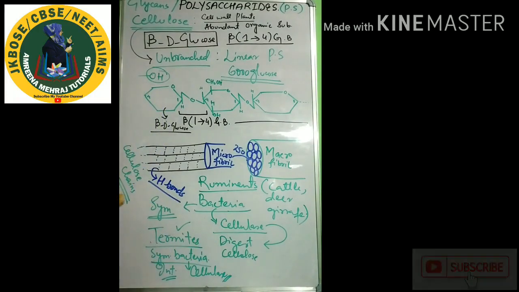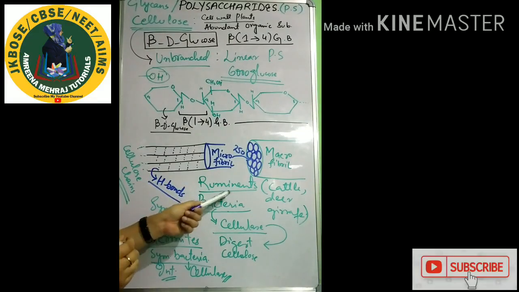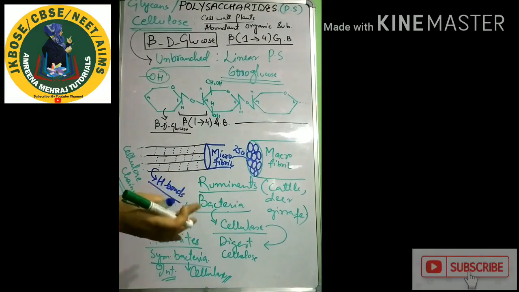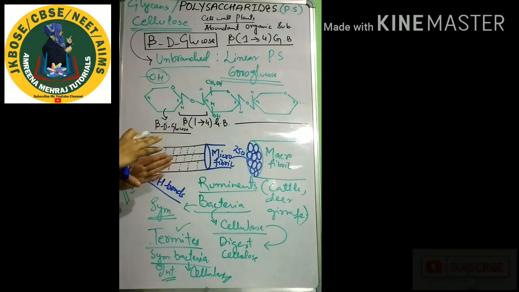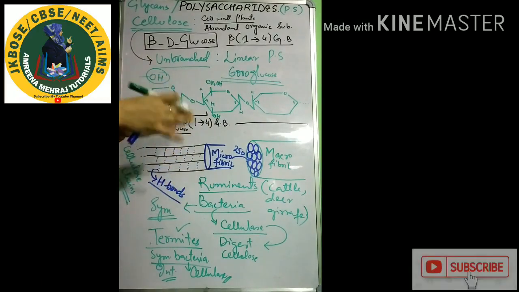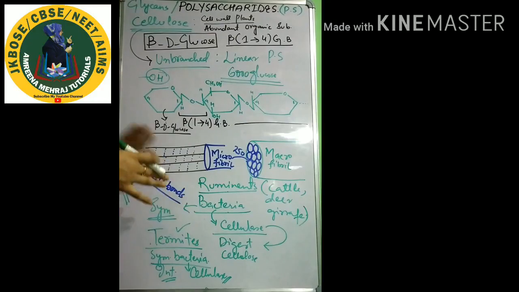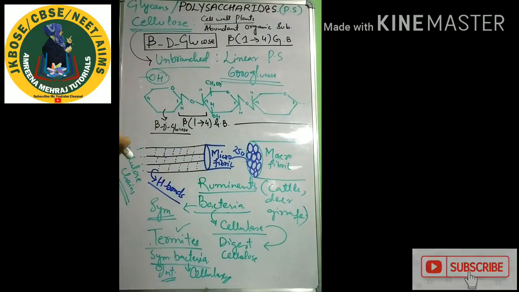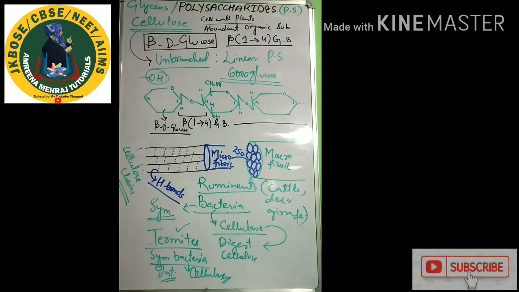So some of the animals like ruminants, including your cattle, deer and giraffe, or your termites, are capable of digesting cellulose with the help of the enzyme cellulase, which they are not producing themselves, which is being produced in their body by the symbiotic bacteria. Those bacteria are aiding in the digestion of cellulose in these particular organisms.